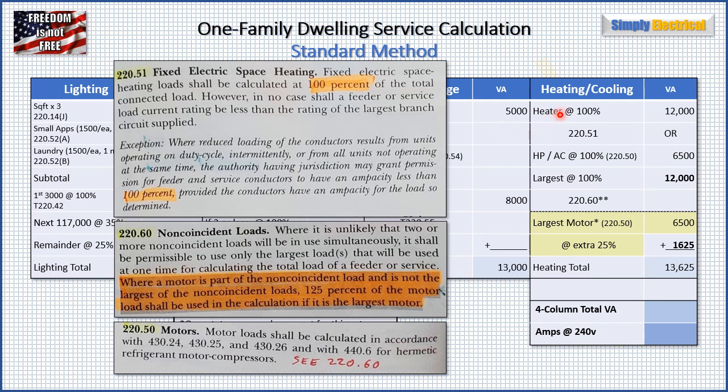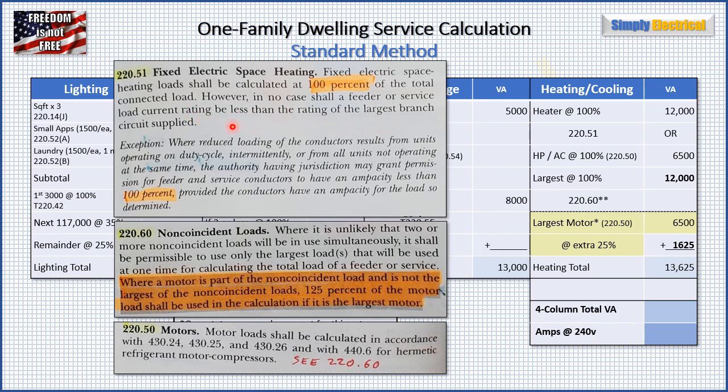So 220.51 says fixed electric space heating. Fixed electric space heating loads shall be calculated at 100% of the total connected load. However, in no case shall a feeder or service load current rating be less than the rating of the largest branch circuit supplied.